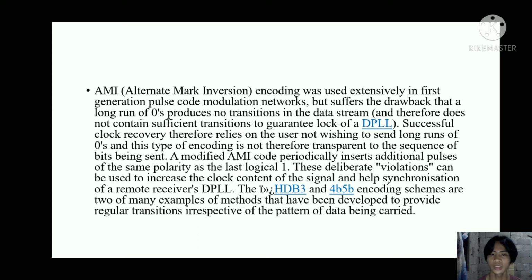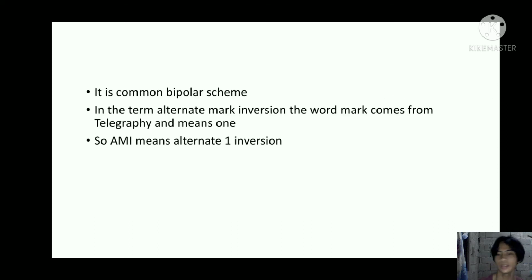The HDB3 and 4B5B encoding schemes are two of many examples of methods that have been developed to provide regular transitions irrespective of the pattern of data being carried.